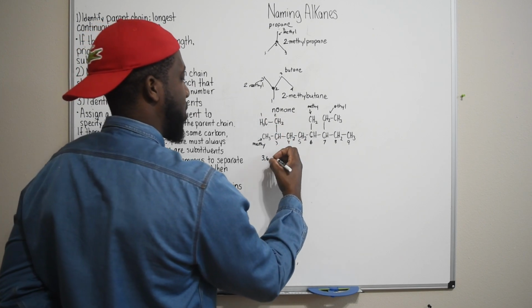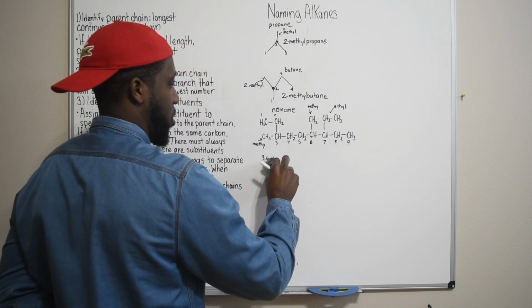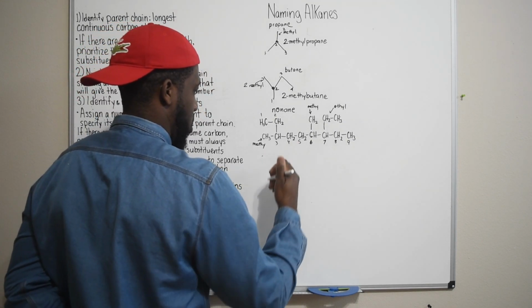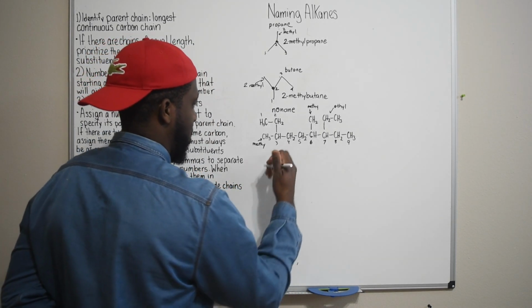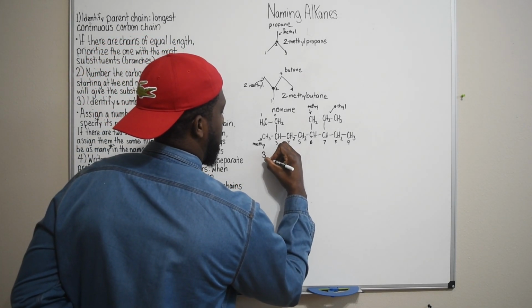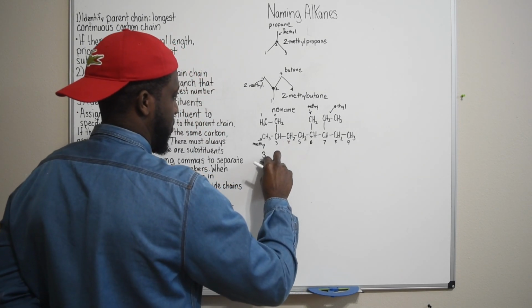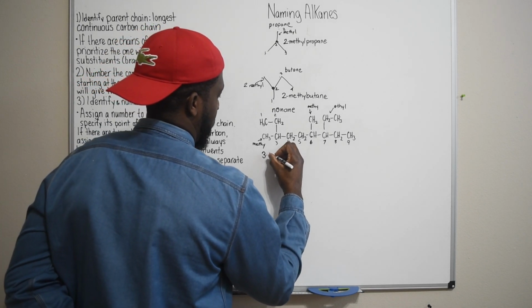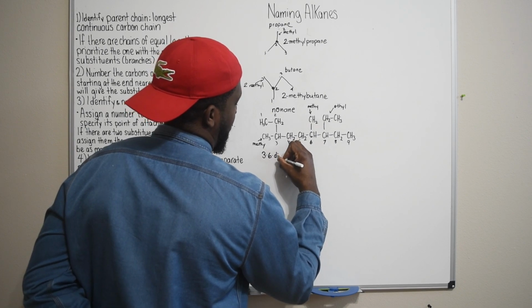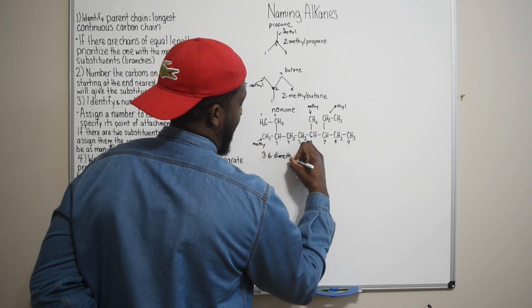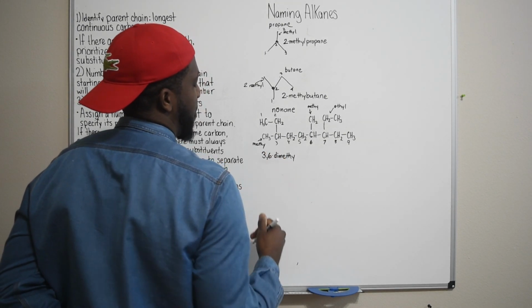We have 2 methyl groups, so it's 3,6-dimethyl. I think this is a comma right here. That's a comma. So we have 3,6-dimethyl.